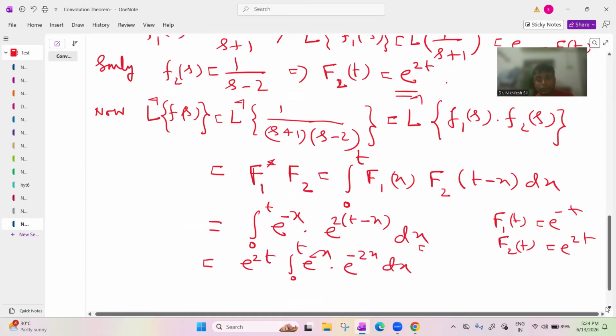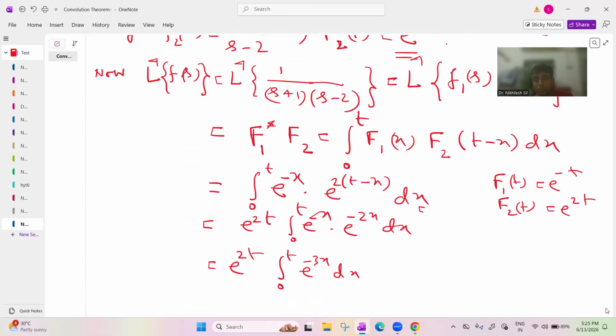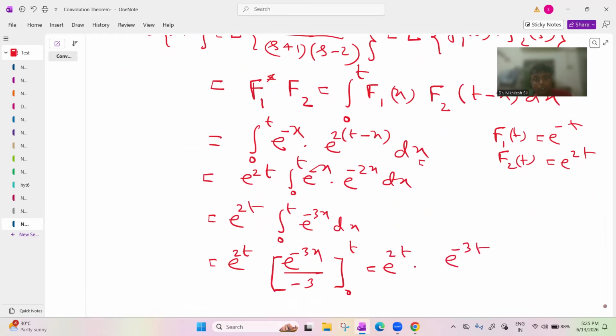This is equal to e to the power 2t integration 0 to t e to the power minus 3x dx, which is equal to e to the power 2t times e to the power minus 3x by minus 3, from 0 to t.